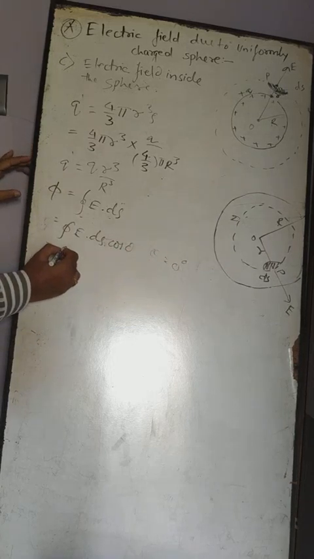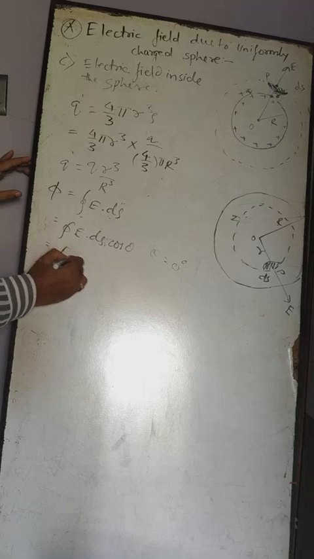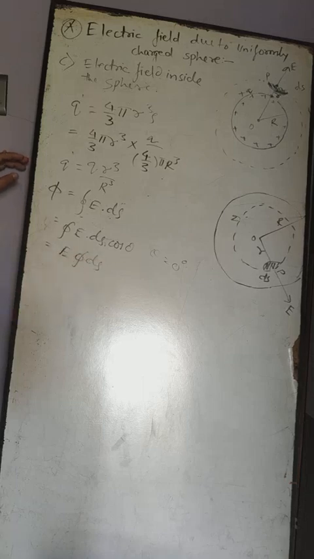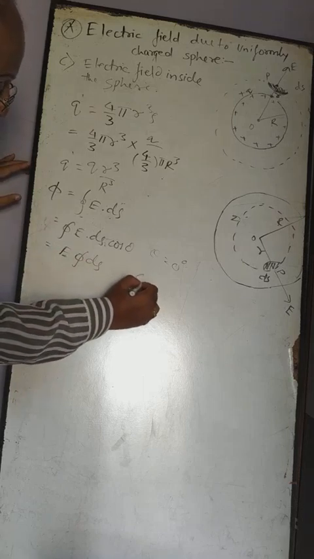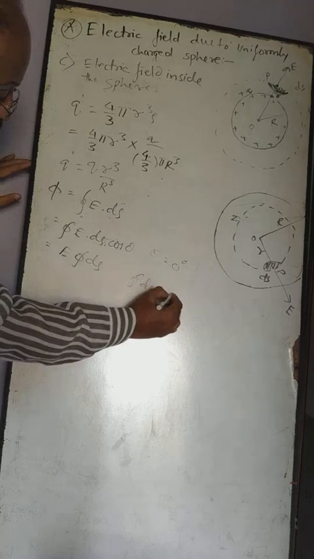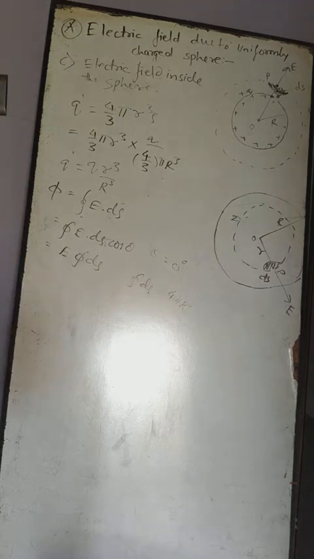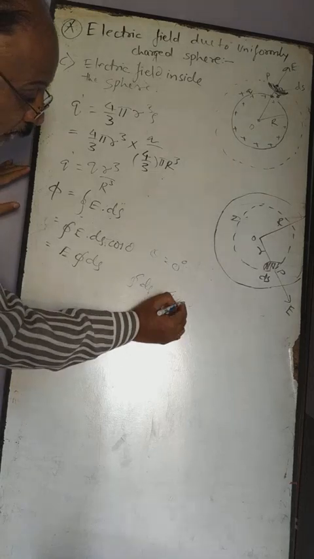Therefore, E into integration over ds, and integration over ds is known as 4 pi r square, with small r square.